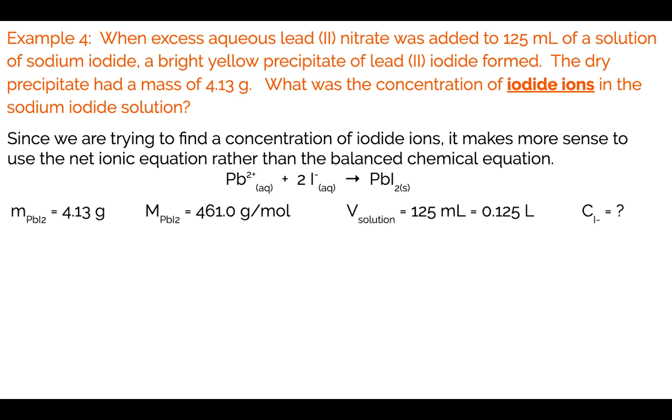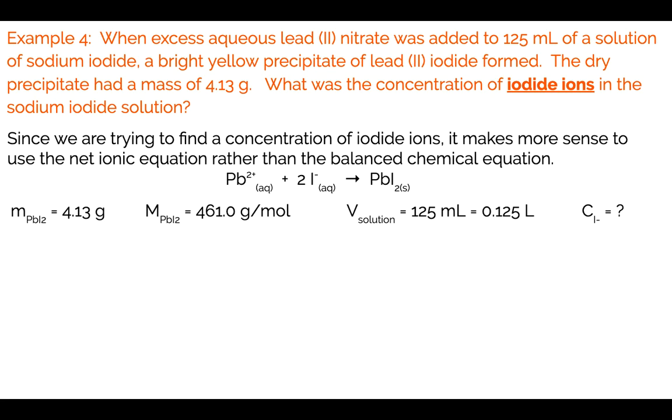Some of the information we were given: we have a mass of the PbI2 of 4.13 grams. We can calculate the molar mass of PbI2, 461.0 grams per mole. We have a volume of solution of 0.125 liters, because we convert the milliliters to liters.